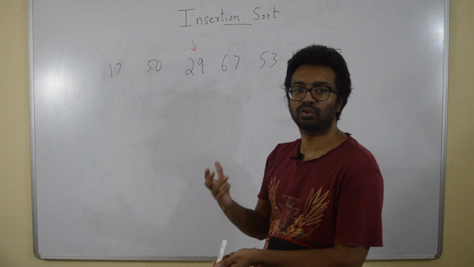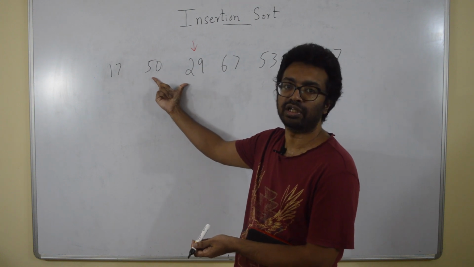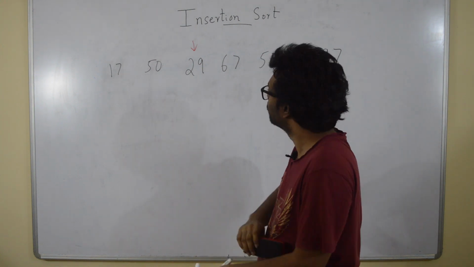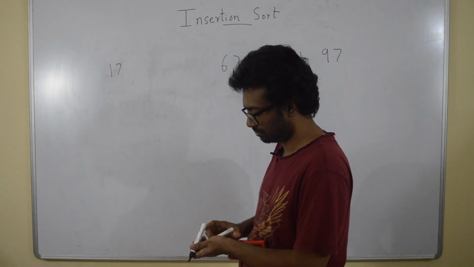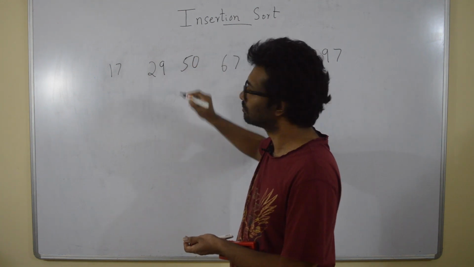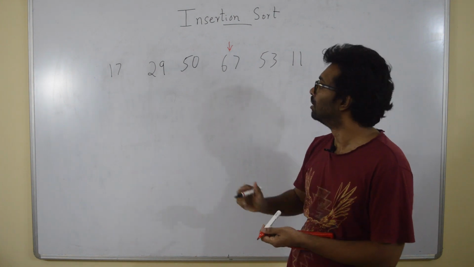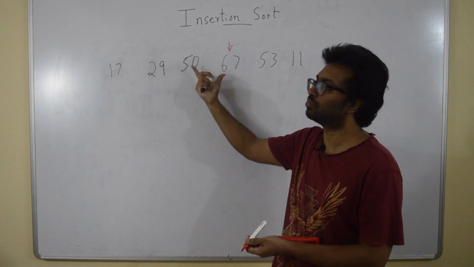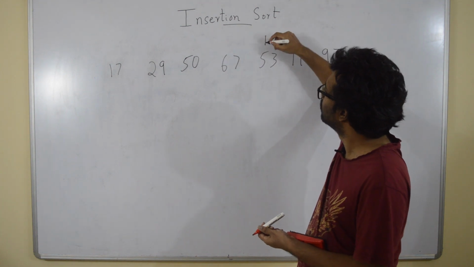To do that, we check first 50 and 29, and since 29 is smaller, we swap. Next we do 67. 67 and 50, nothing to swap, so it remains there. Next we go to 53.